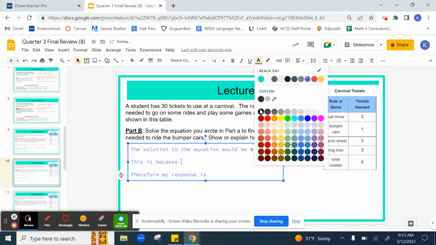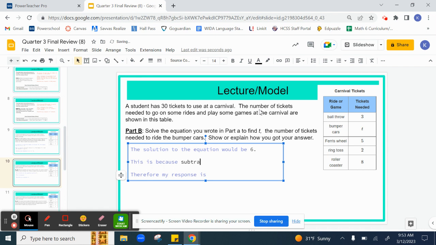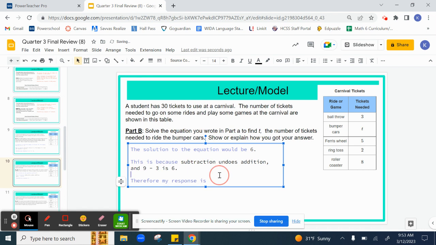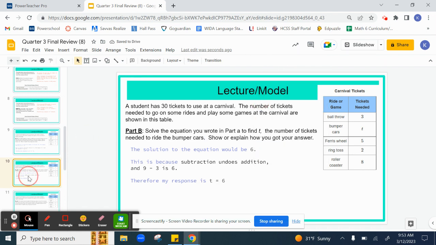Subtraction undoes addition. And 9 minus 3 is 6. Therefore, my response is T equals 6. All right, let's keep going.